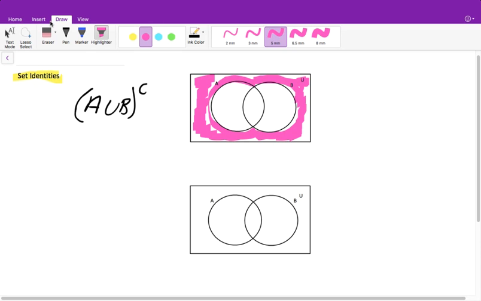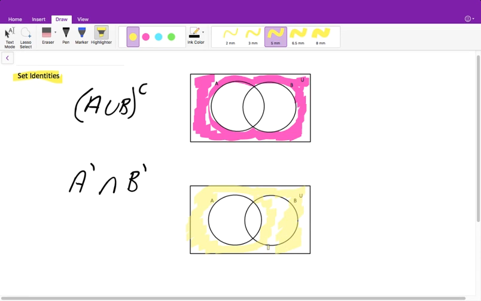And then the next one we're going to discuss is A complement intersection B complement. I'm going to do this one in two steps. A complement would be everything on the outside here that I'm coloring in yellow.